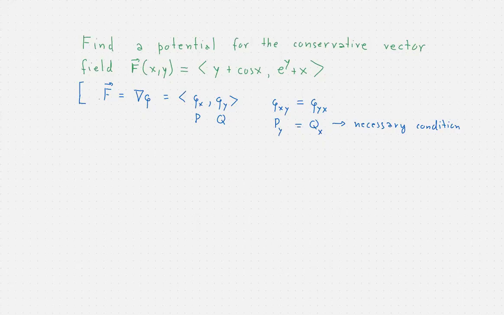So if we call this P, and we call this Q, then P sub y is equal to 1 and Q sub x is equal to 1. And of course, R square is an infinite rectangle. You can think of it this way. Certainly, there is a potential, and we will show how to find it.